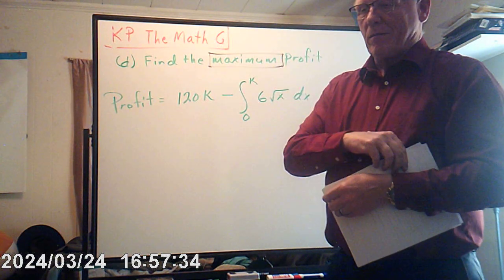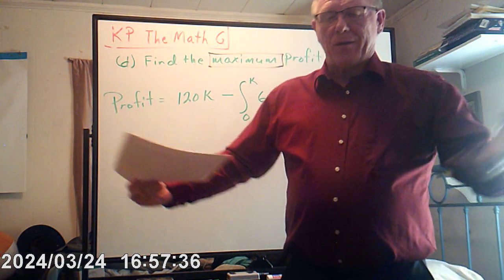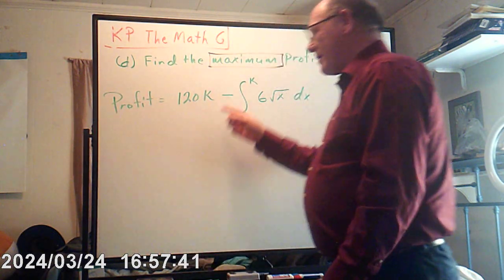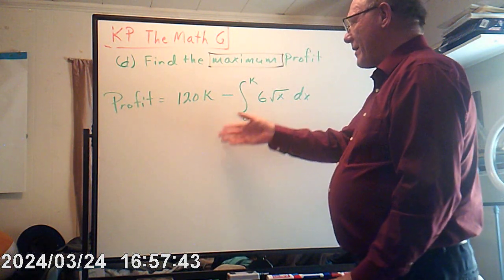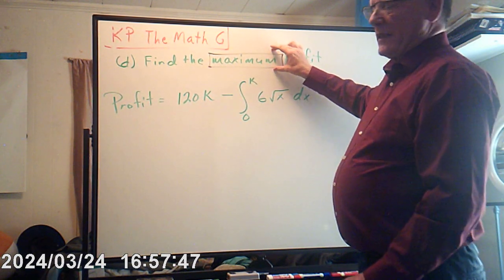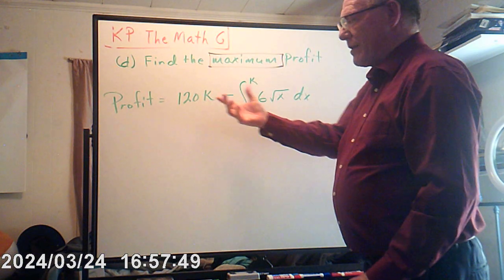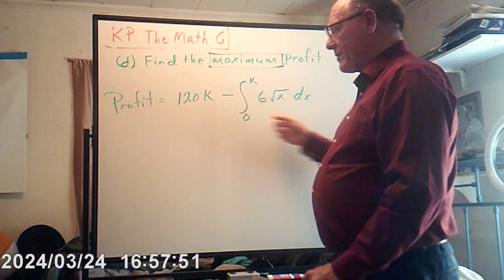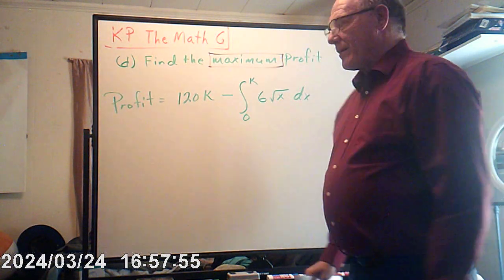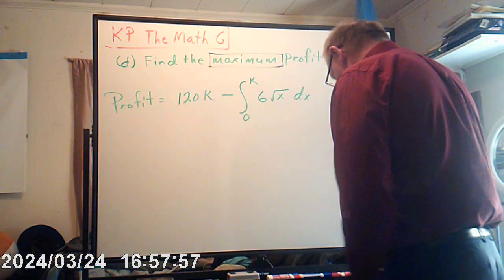Just like when we talk about gallons of water, that's an amount of water. Well, this is the amount of profit here. So we have to take the derivative to find the maximum. If it said minimum, we would still have to take the derivative. That first derivative there.